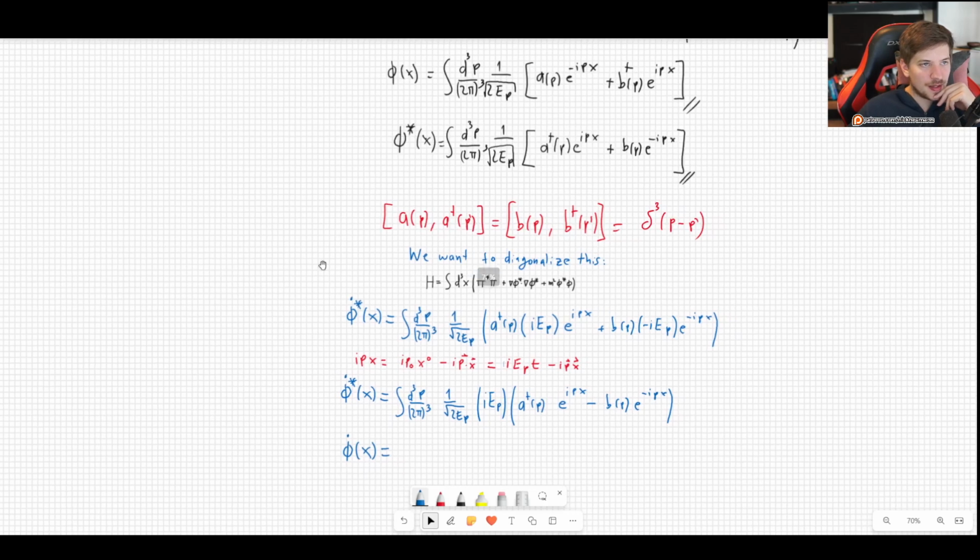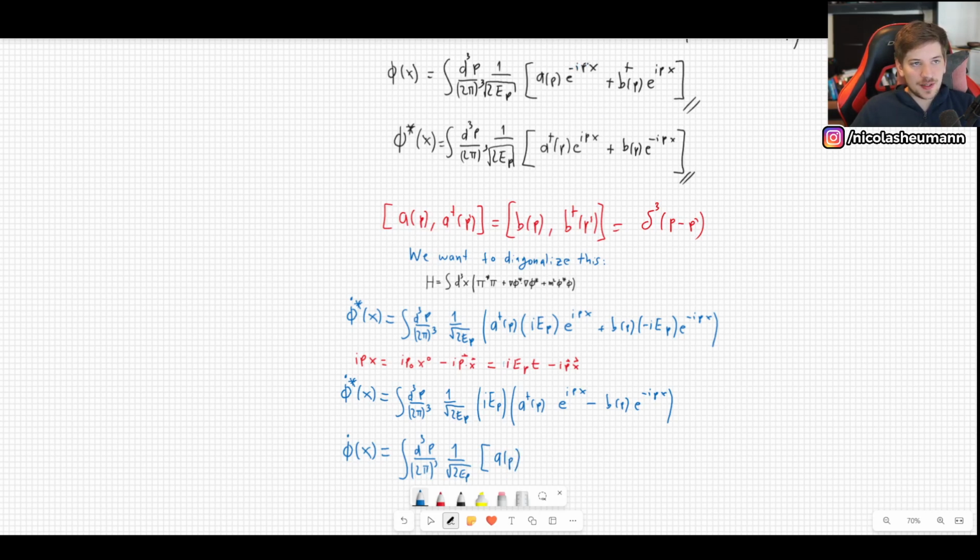Well, again, we get the same prefactor, so integral d^3p over (2π)^3, or 3/2, depending on what notation you are using, 1 over square root of 2E_p, or ω_p, depending on what notation you're using. And then we got a_p, and then we have minus ip·x, so that means we get a minus iE_p.